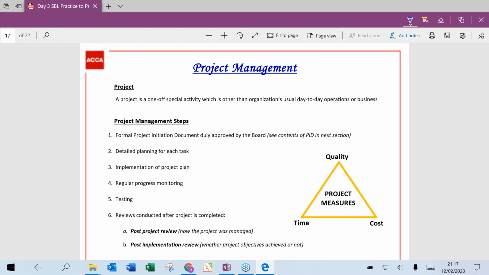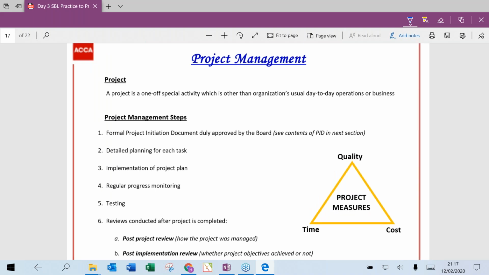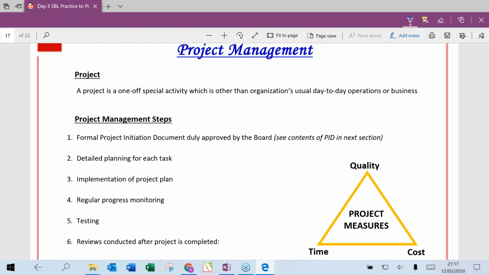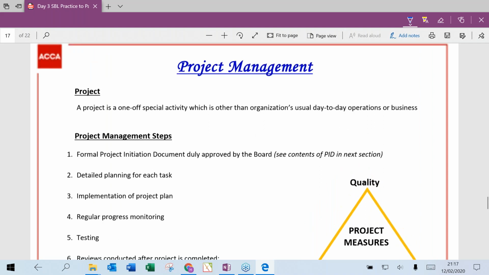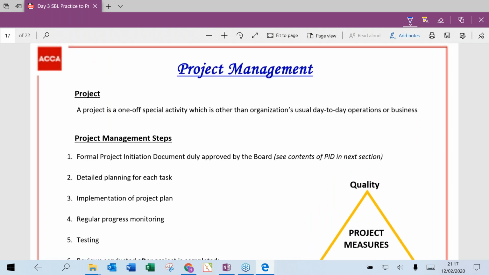Right. So, project management. First of all, do you know what a project is? What is the definition of a project? A project is a one-off special activity other than our usual day-to-day operations.